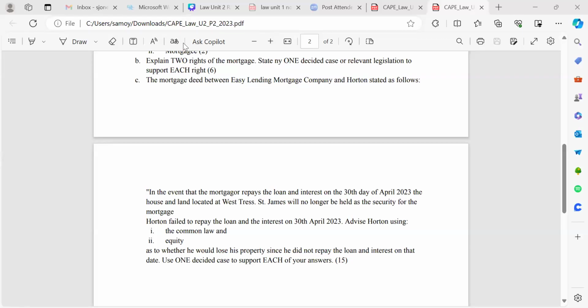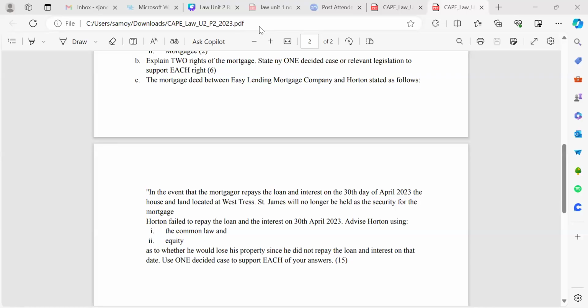So basically, the equitable right to redeem benefits the mortgagee in that the mortgagor has the right to repay whatever debts they owe the bank.